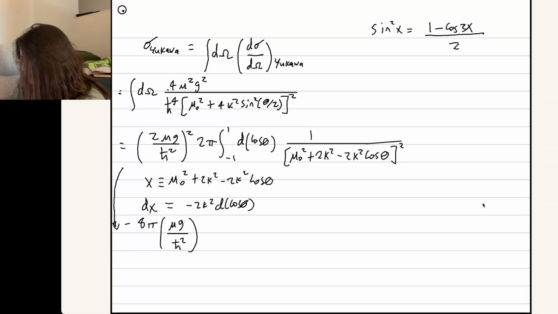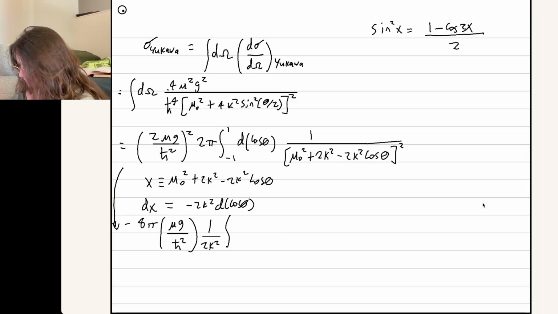We have 1 over 2k squared from changing over the integration variable. If we plug 1 for cosine theta into the definition of x, we just get mu naught squared. If you plug in minus 1, you get mu naught squared plus 4k squared.